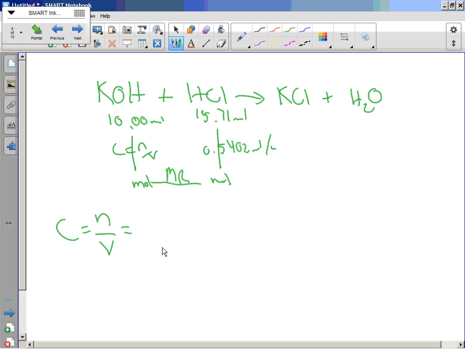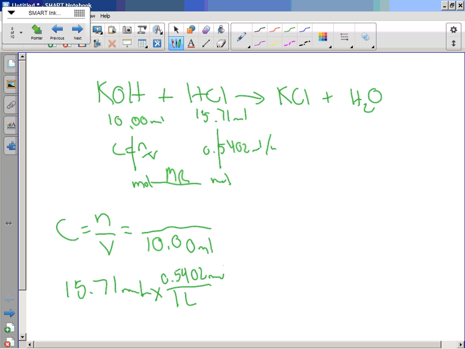Again, we can work in milliliters as long as we have millimoles. And the calculation is identical to the one that we just did, 15.71 milliliters times the concentration. I've got to get rid of the liter on the bottom. So that is 1 liter, 0.5402 moles on the top.